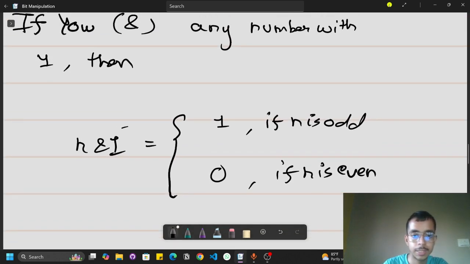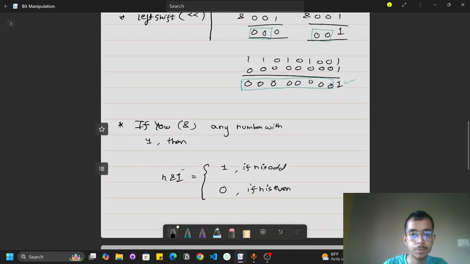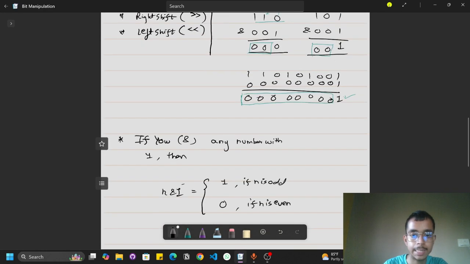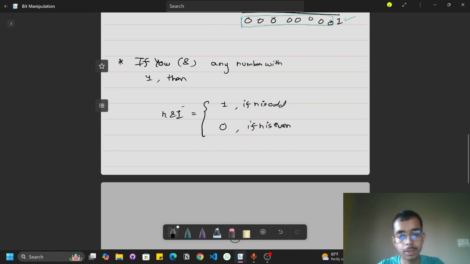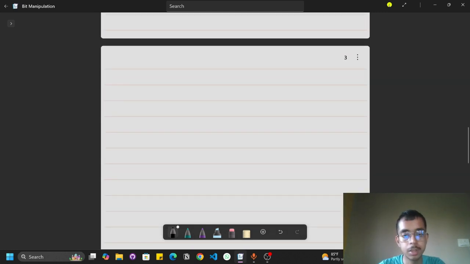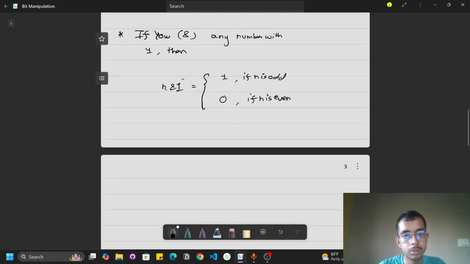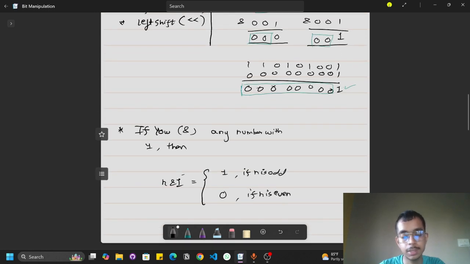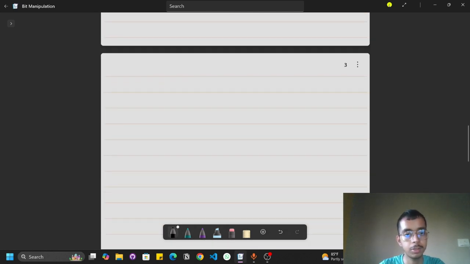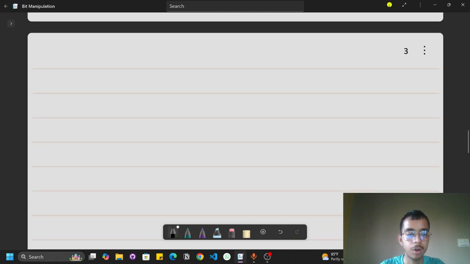Okay. So this is one of the properties which AND supports. So you can actually recheck these things here. I'm not going to extend it much.